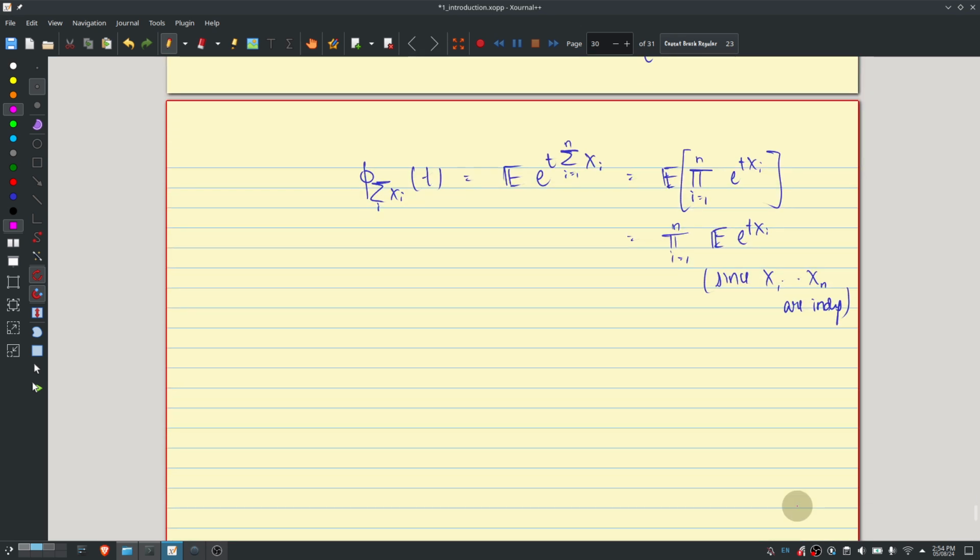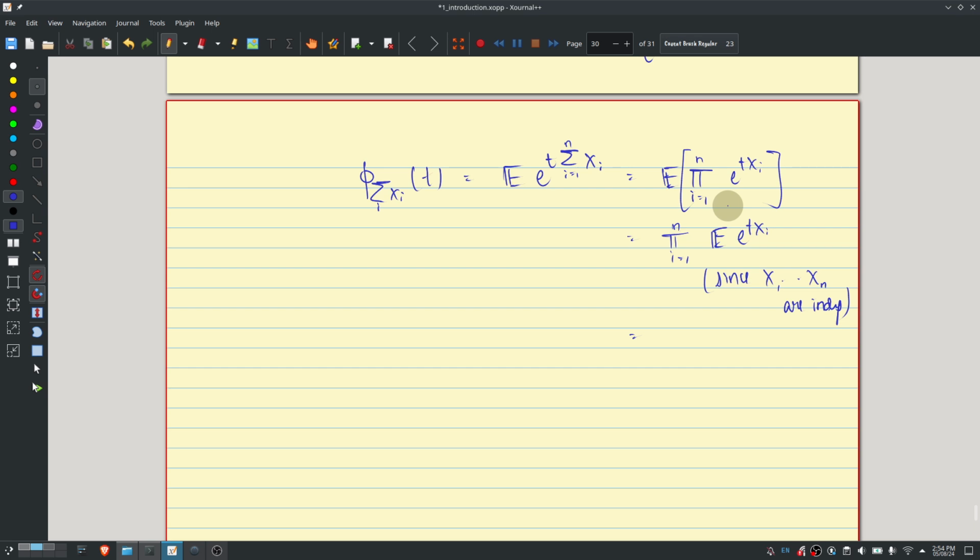Okay, so coming back to what we are looking at, the moment generating function. We saw that the MGF of a sum of independent random variables is simply the product of the moment generating functions of the individual random variables. Now they're also identically distributed.